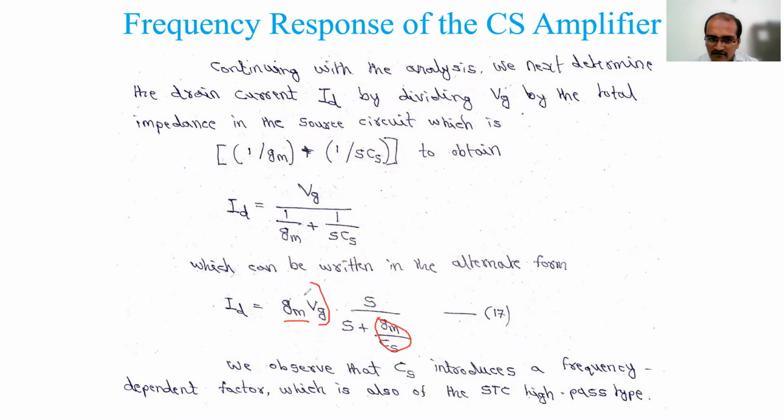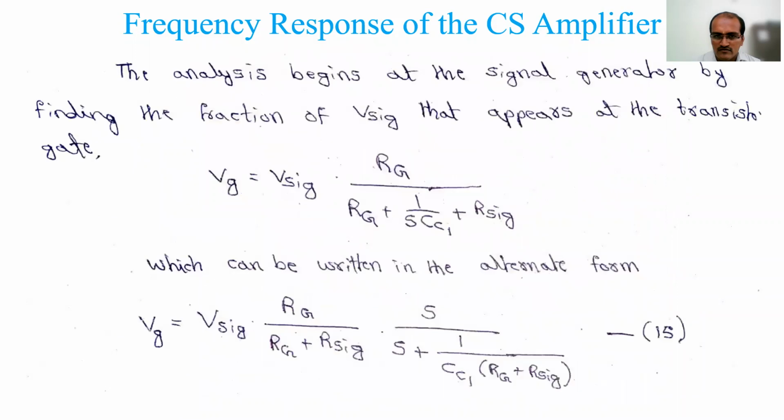Instead of VG, I will now substitute equation 15. See here, all combined together. I will show you finally. VG is this value: V signal into RG by RG plus R signal, into S divided by S plus, this I will replace by the first corner frequency WP1.